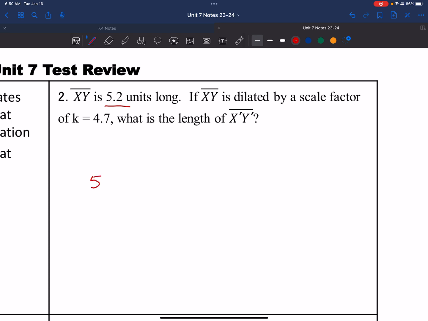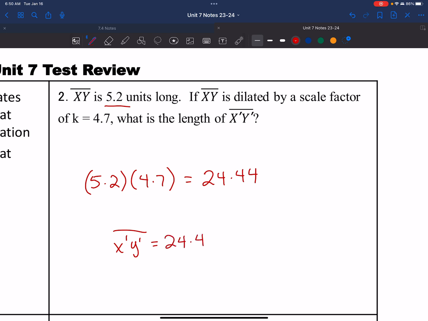So 5.2 times 4.7, that's going to give me 24.44. So line segment X prime Y prime is 24.44 units long.